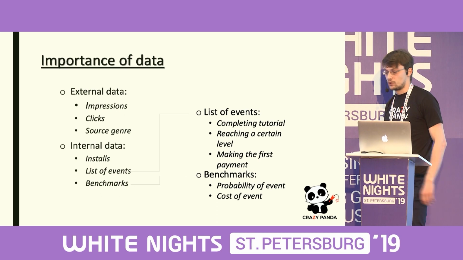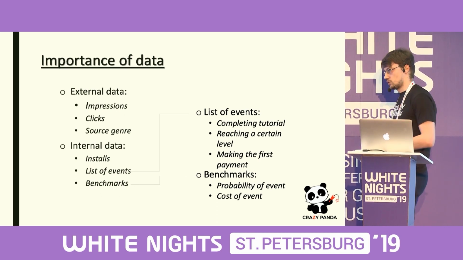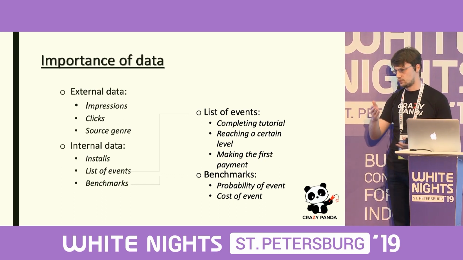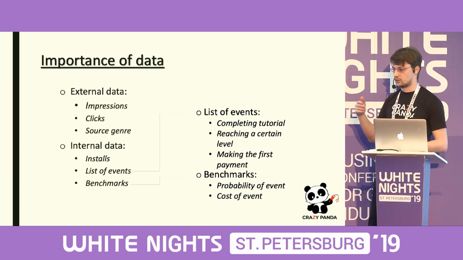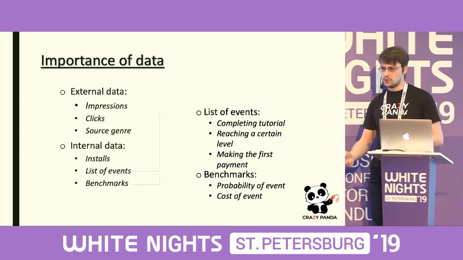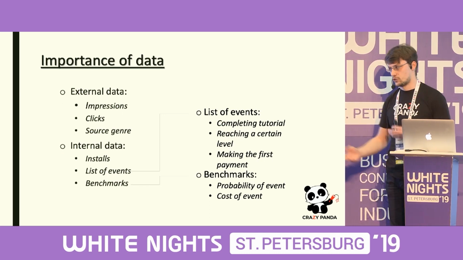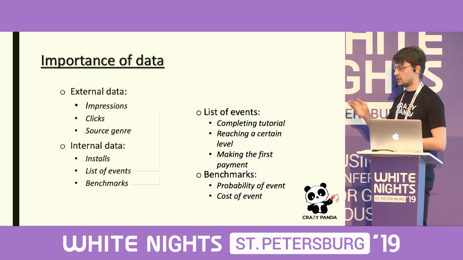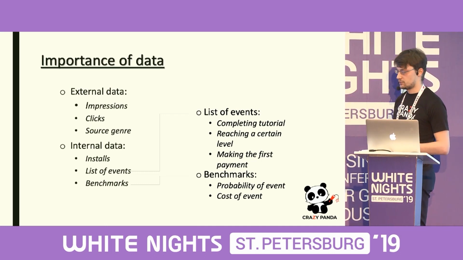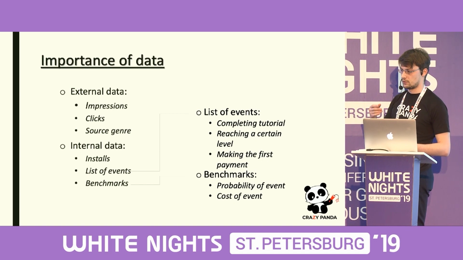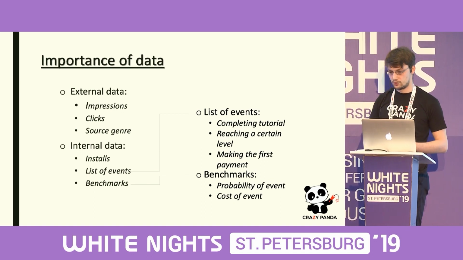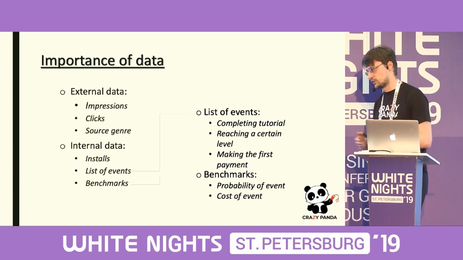The second one is especially useful if we are buying users from really different sources. You all know that some sources can give us really cheap results, but with low conversion rates and low probability of events. But some can be really expensive and give us really quality users, really good users with high conversion rates.